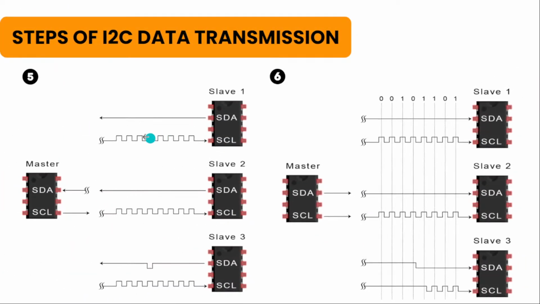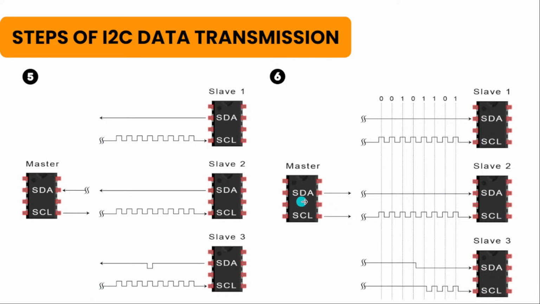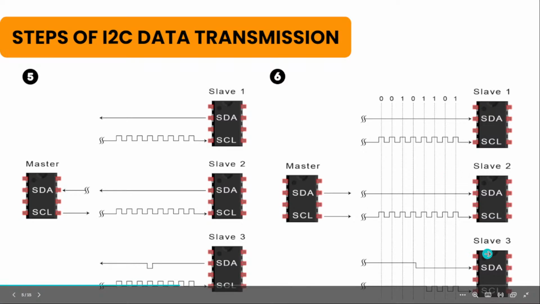After each data frame has been transferred, the receiving device returns another acknowledgement bit to the sender to acknowledge successful receipt of the frame. And finally, to stop the data transmission, the master sends the stop condition to the slave by switching the serial clock line high before switching the data line. This is how I2C works.